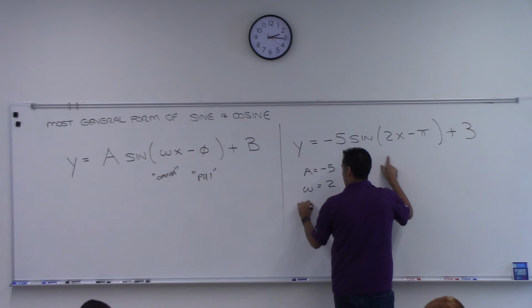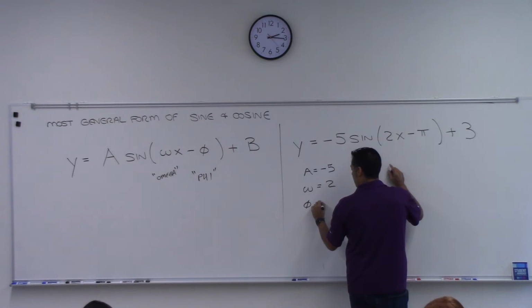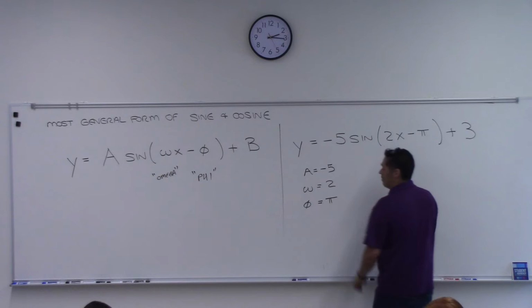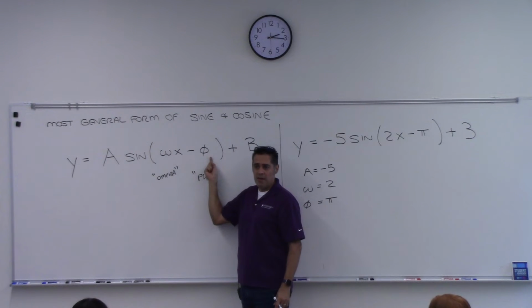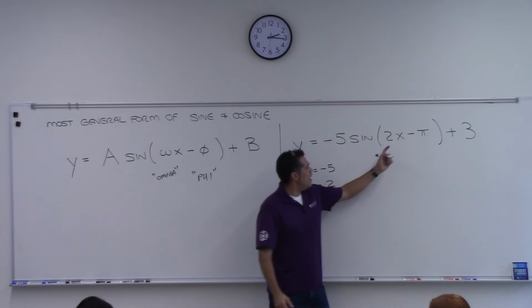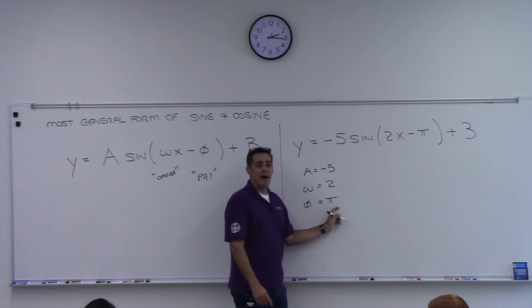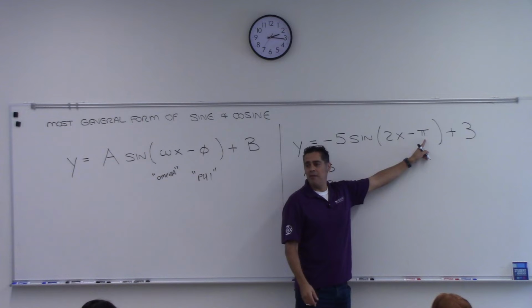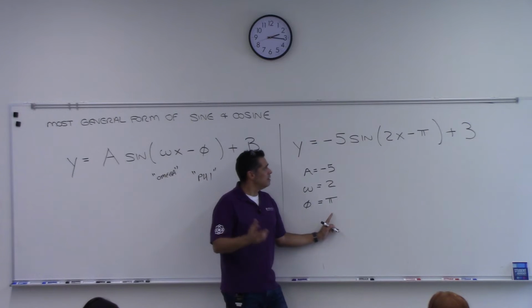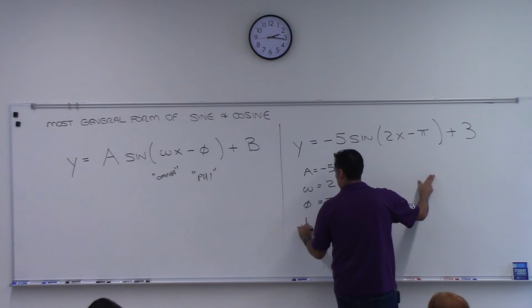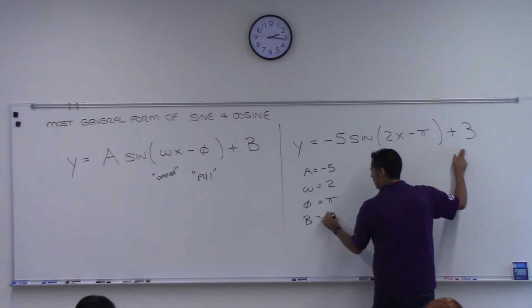And phi is, be careful here, pi. Notice in the formula, it's minus phi, so if we have minus pi, then phi is pi. What if this was plus pi? Then phi would be negative pi. So it's always the opposite of what you see there. And what would our B be? 3.